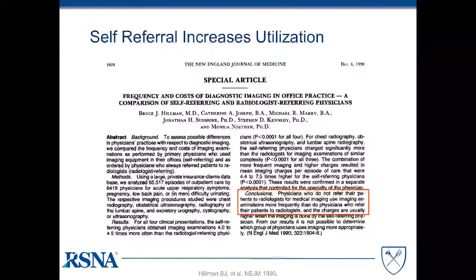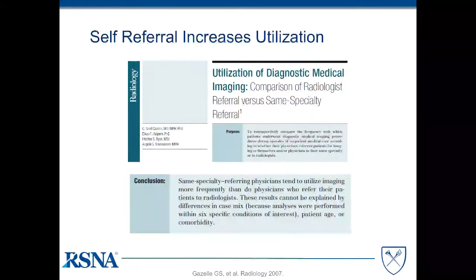What does that mean? Physicians who refer patients to their own practices for imaging use that imaging at much higher rates. But that was published way back in 1990, and at that point CT and MRI were still in their infancies. And so most of that self-referral was in the form of radiography.